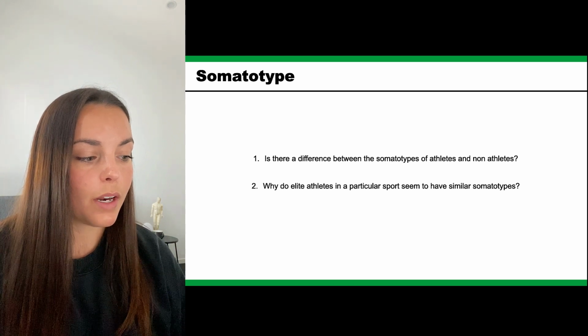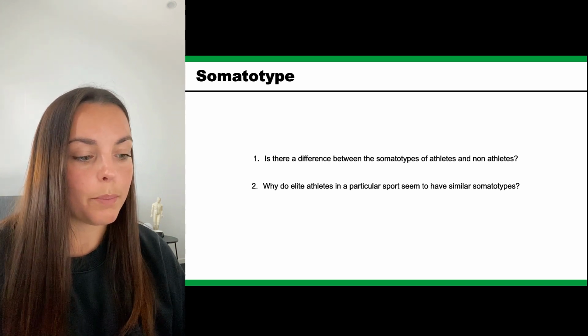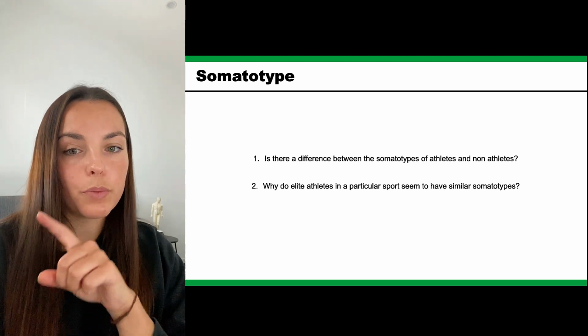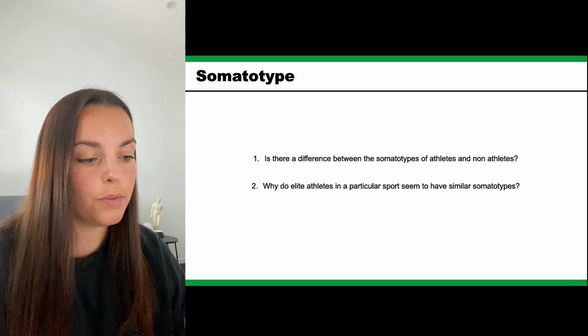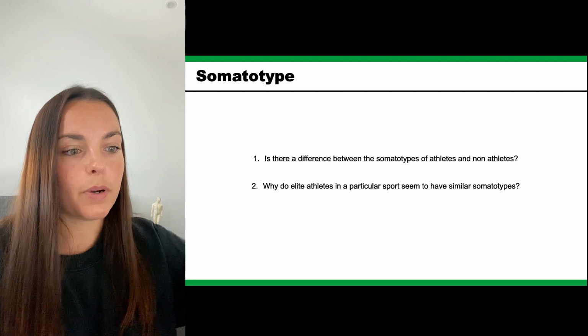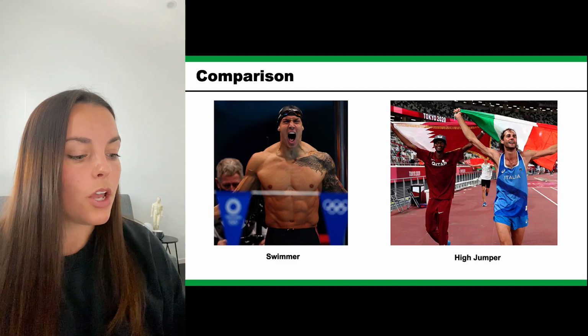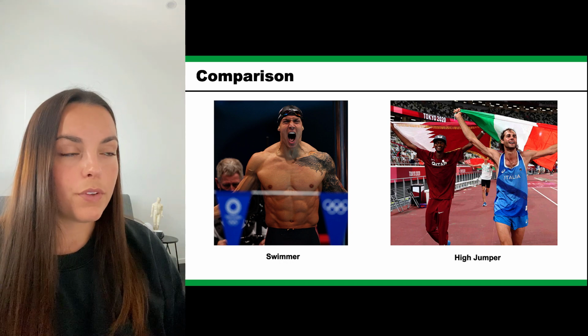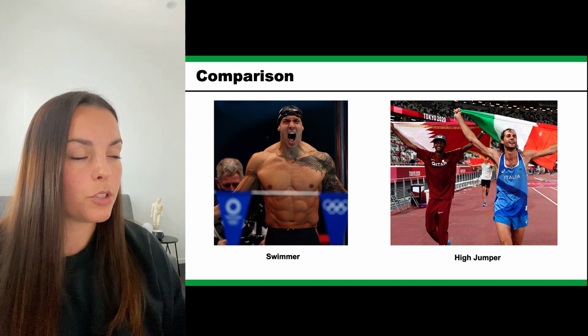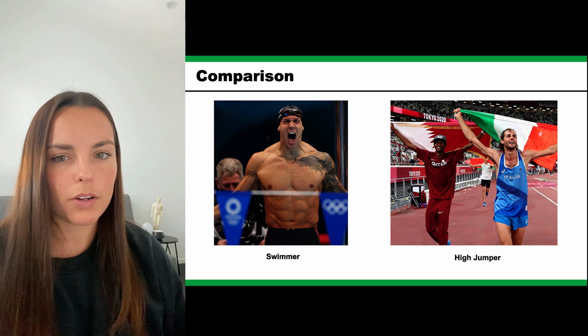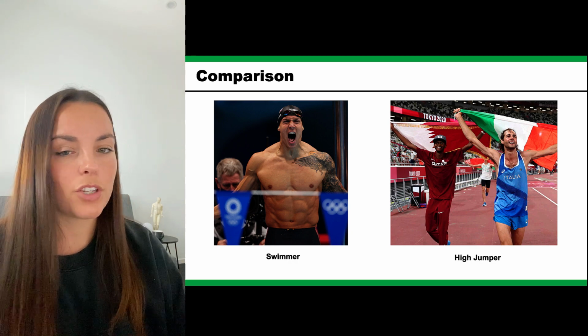I'm actually going to sub that out and compare a swimmer to a high jumper. So if you want, you can just cross out the canoe paddler and write high jumper, and we can talk through this comparison today. So in terms of where they'd fit on the somatotype chart, first of all, let's talk about their physical characteristics, right? So we'll get to the chart in a second.